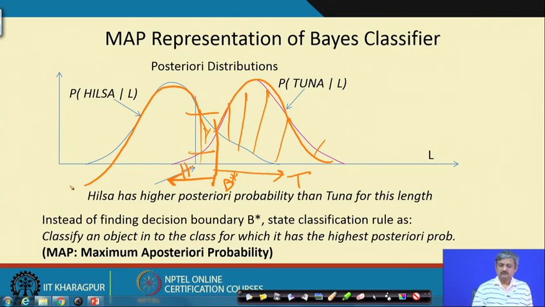Okay. So, instead of finding out what the value of B star is, I can do the following. Given a new fish, you find its posterior probability of belonging to tuna, find its posterior probability of belonging to Hilsa, compare these two values, whichever value is higher, put it in that class.